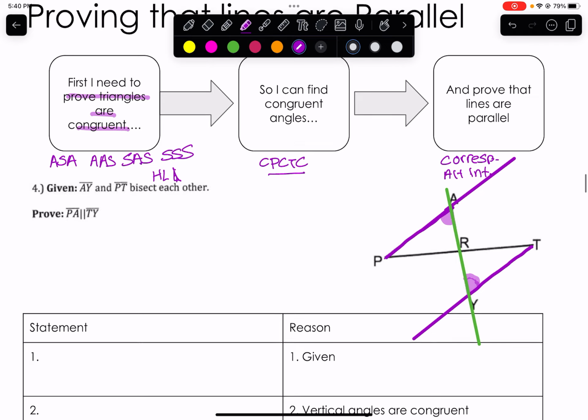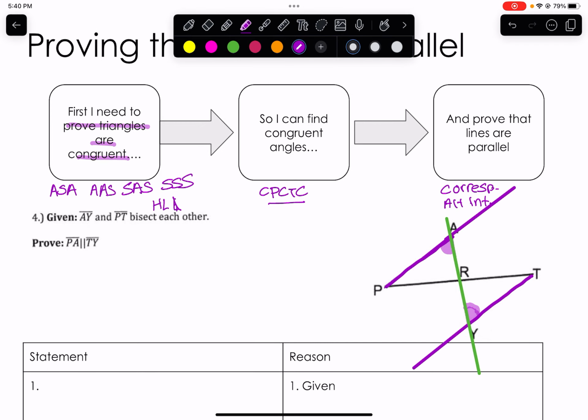So again, using the flowchart above, if I want to prove lines are parallel, if I want to prove that lines are parallel, first, you have to find congruent angles. How do we do congruent angles? Using CPCTC. And in order to do that, I first must prove that triangles are congruent.